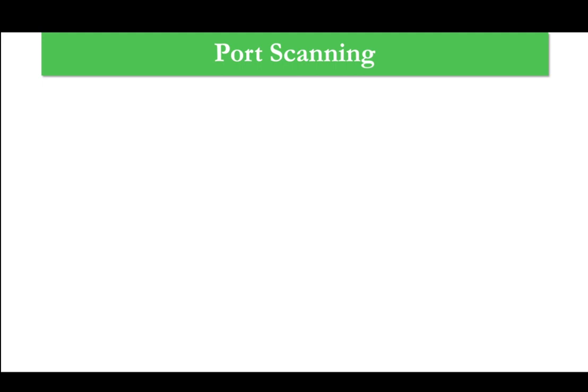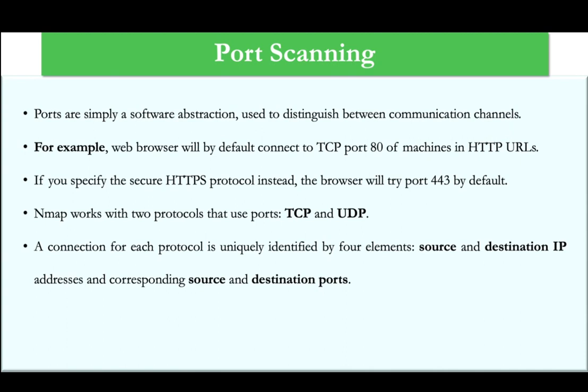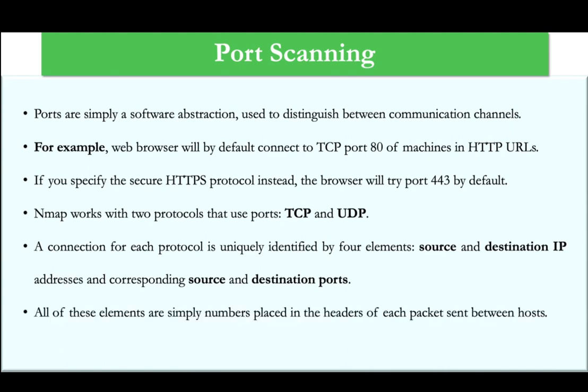As said, the connection for each protocol is uniquely identified by the source and destination port numbers. All of these elements are simply numbers placed in the header of each packet sent between the hosts.